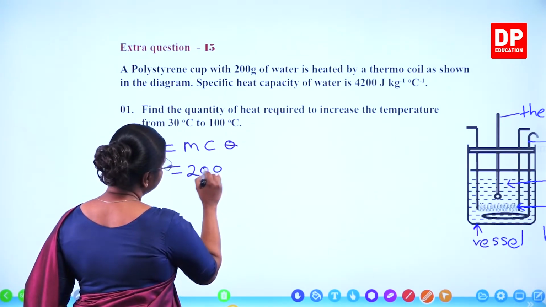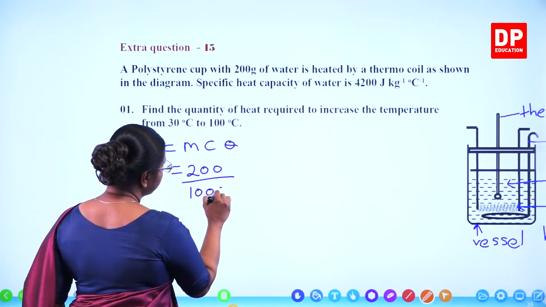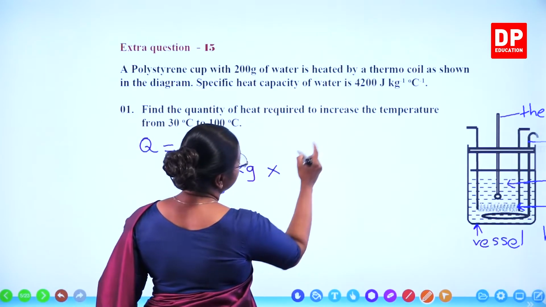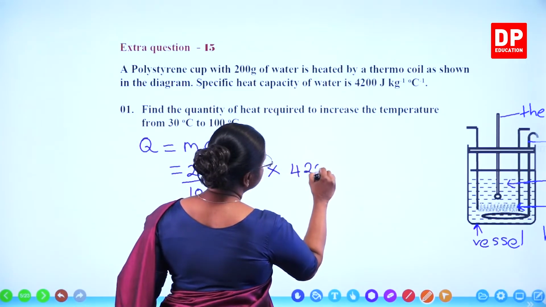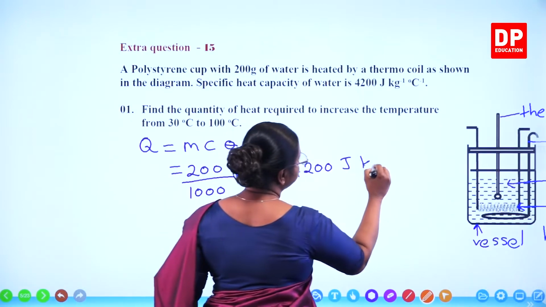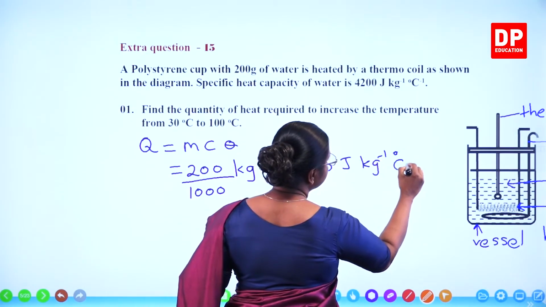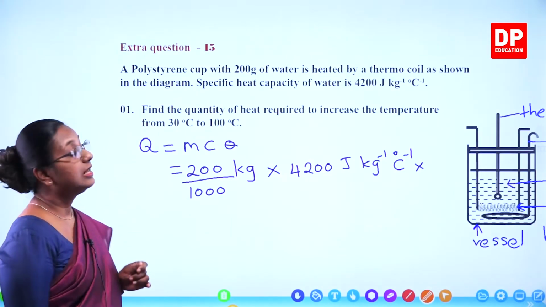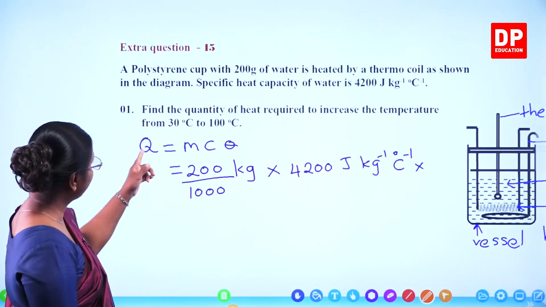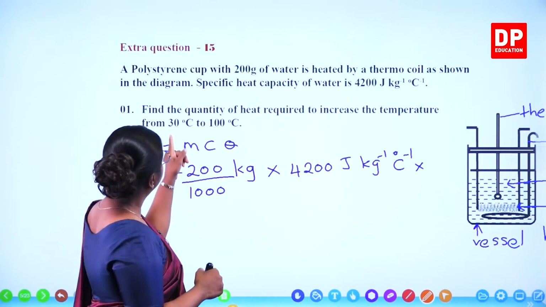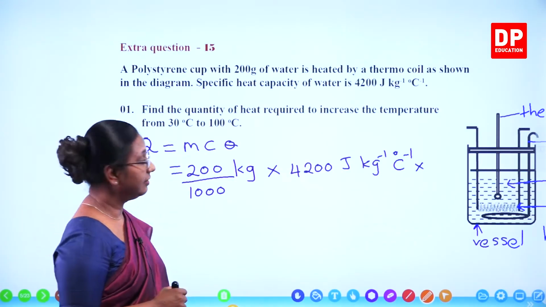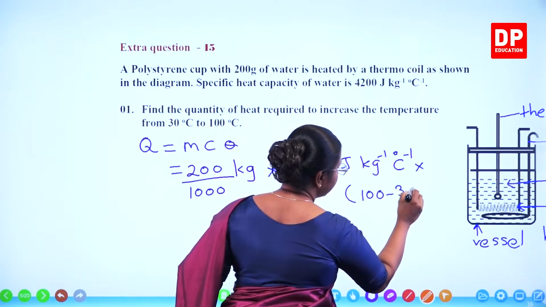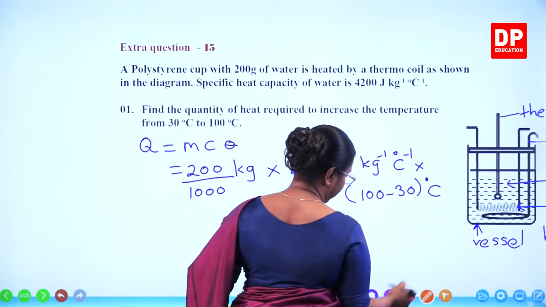So 200 divided by 1000, that will be in kilograms. And the specific heat capacity is 4200 joule per kilogram per degree Celsius. And we need to multiply that by the temperature change, from 30 degrees to 100 degrees Celsius. So it is going to be 100 minus 30 degrees Celsius.